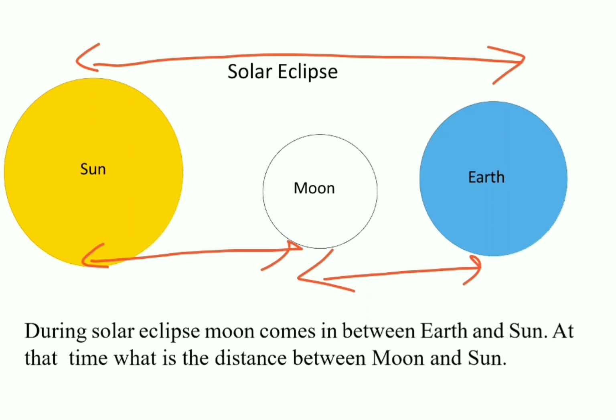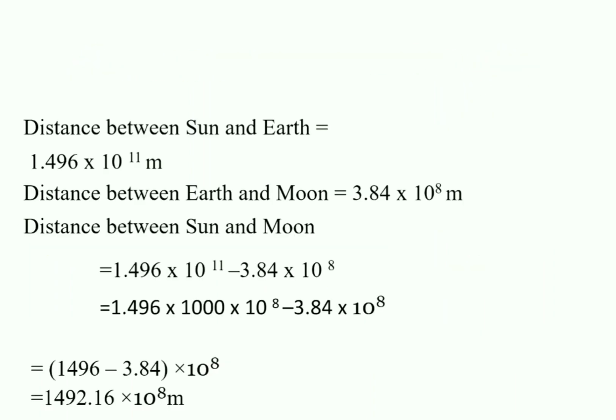You will understand with the help of the diagram that for finding the distance between Sun and Moon you have to subtract the distance between Moon and Earth from the distance between Sun and Earth. So let's do it. So the distance between Sun and Moon is equal to the distance between Sun and Earth minus the distance between Earth and Moon.